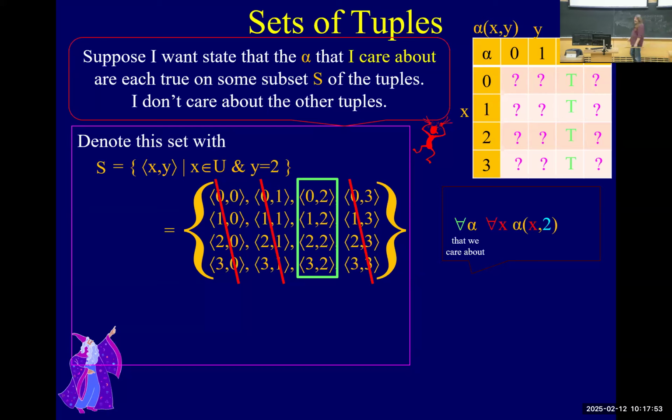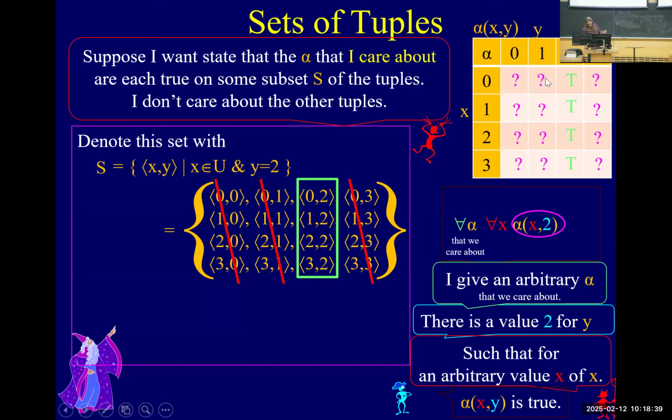Given an arbitrary alpha we care about, with this fixed value 2, for all x, you give me an arbitrary x, and the statement is true. Alpha is this relation, and we don't know offhand which ones are true and which are not.